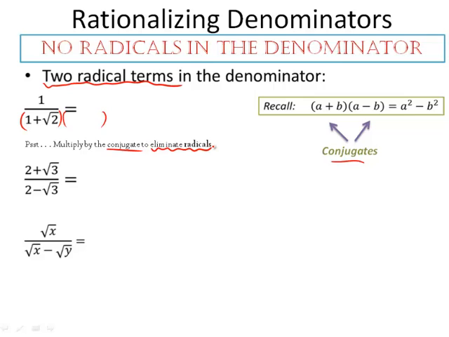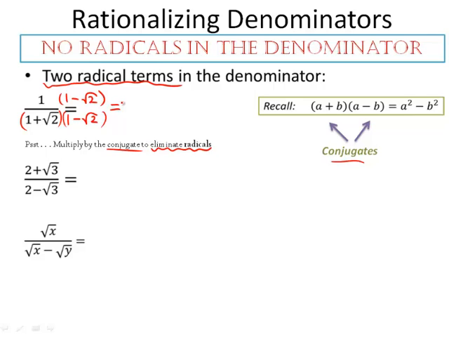So, what is the conjugate of 1 plus root 2? Well, the conjugate just means the opposite sign. So 1 minus root 2 would satisfy that. Because we multiplied the denominator, we also want to multiply the numerator.